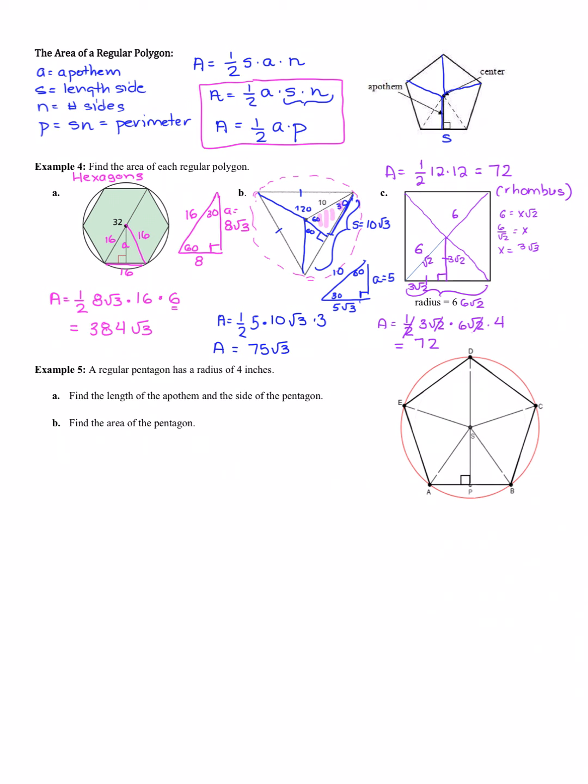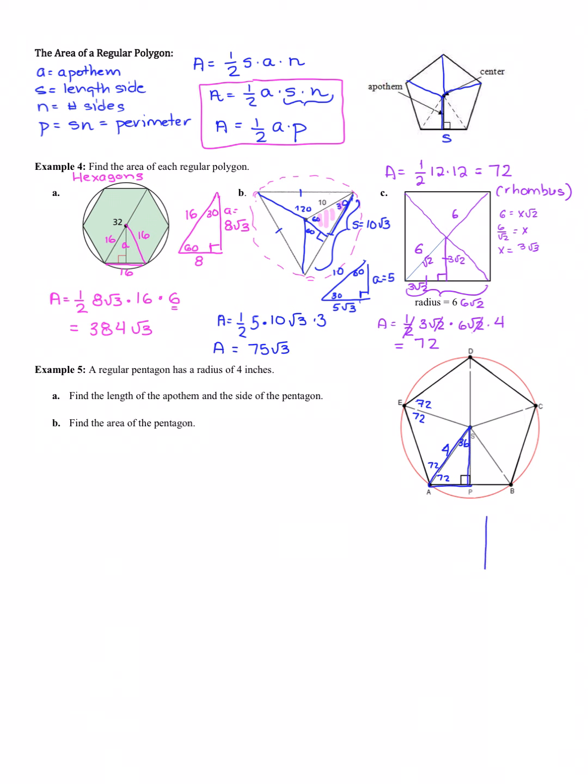So a pentagon here has a radius of 4, and remember that each of these angles down here ended up being 72 because we were cutting 144 in half, and 360 divided by 5 was 72, so up here it was 36. And again, we're going to look at this triangle right here.